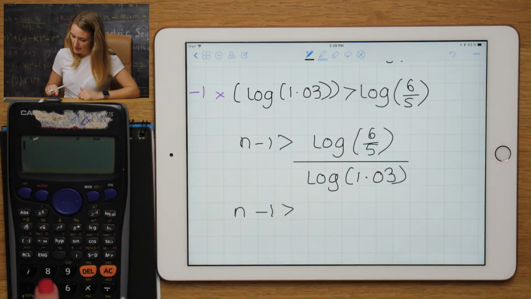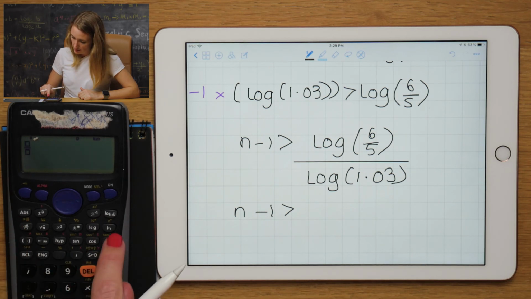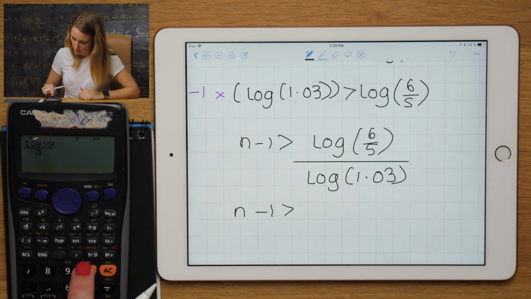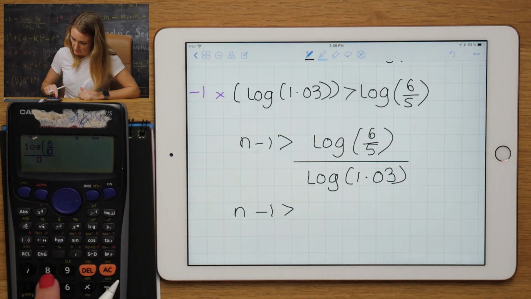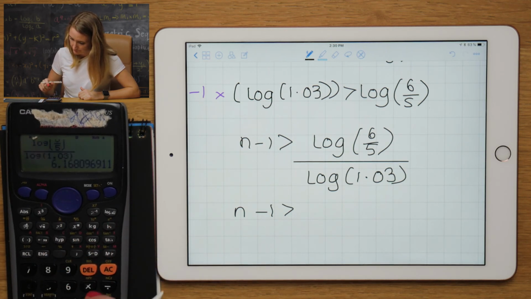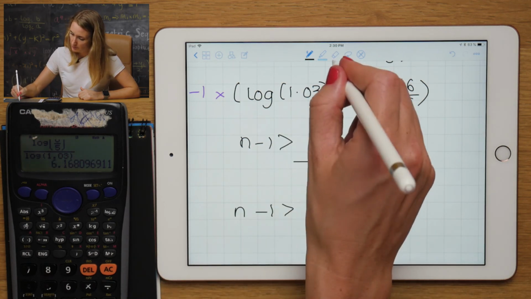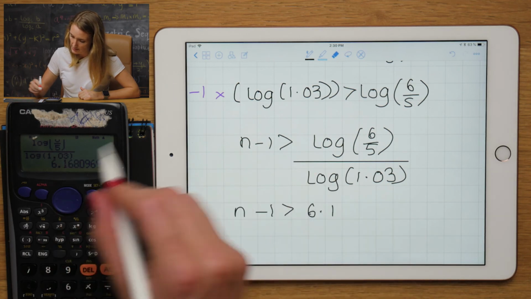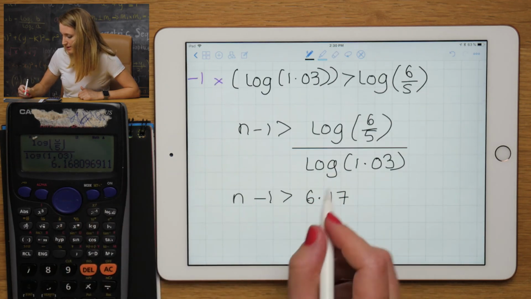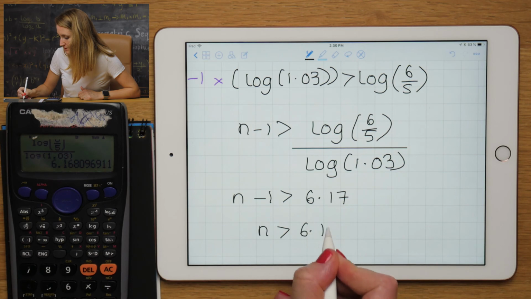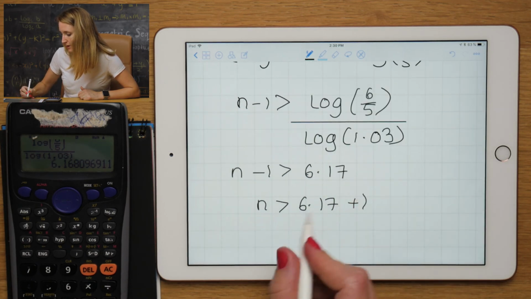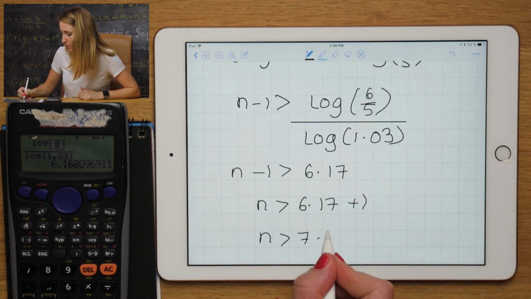You can calculate that number here: log 6/5 divided by log 1.03. So that gives us 6.16, or to 2 decimal places, 6.17, and n is bigger than 6.17 plus 1. n is bigger than 7.17.